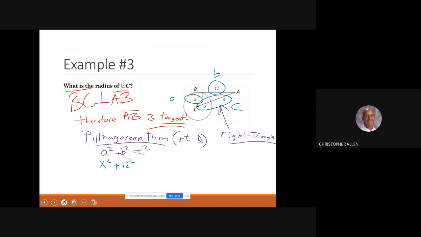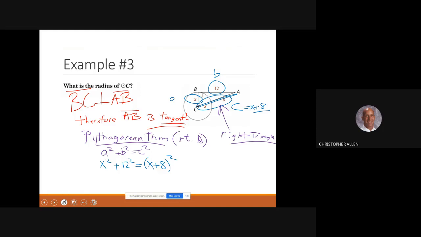It's x plus 8. C is x plus 8. That distance from A to C is x plus 8. So this is a little bit harder algebra one.